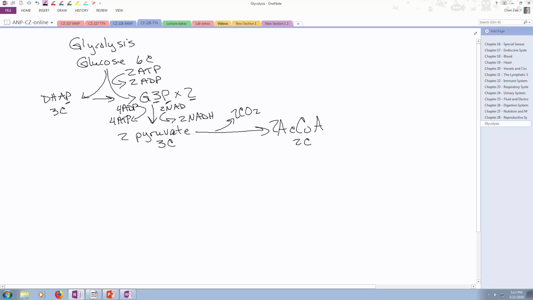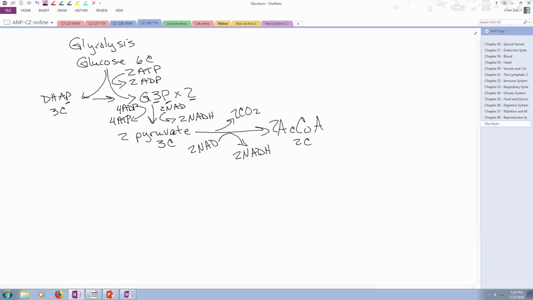And whenever you see carbon dioxide being produced, you will also have the production of NADH. In order to have the production of NADH, you have to put NAD into the process, and we will have 2 NADHs, just like we have 2 carbon dioxides.